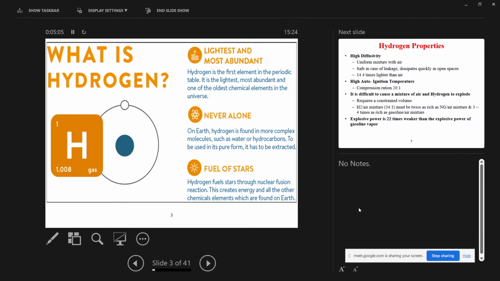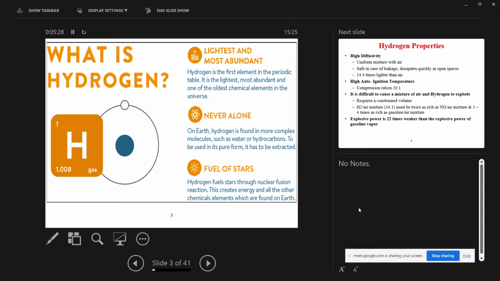Almost all of you know that 78% of the earth is covered by water. But the problem is that it is very tough to dissociate water and come up with hydrogen. So we will talk about the technology, how it is helpful and how it can produce hydrogen from water itself. It is also the fuel of the stars.